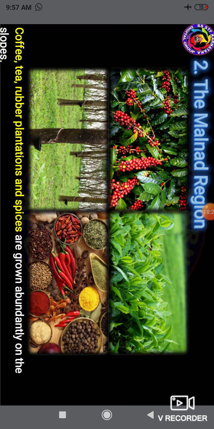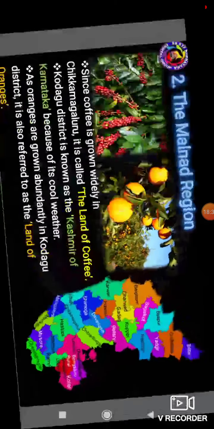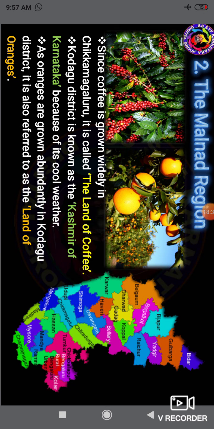And tea also has a very beautiful flavor, like coffee. And rubber is also abundant on the slopes of our Karnataka. And coffee is grown widely in Chikmagalur.